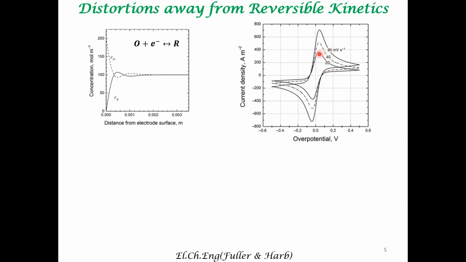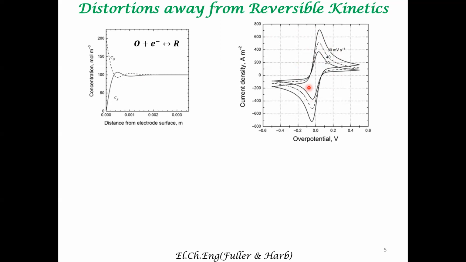The active species that can be oxidized is least in this case because of lesser concentration gradient and greater penetration of mass transfer boundary layer, the greater thickness of mass transfer boundary layer. So the current density at the peak potential is highest for 80 millivolts per second because there is a steeper concentration gradient in this case. So that is one way to interpret this behavior.